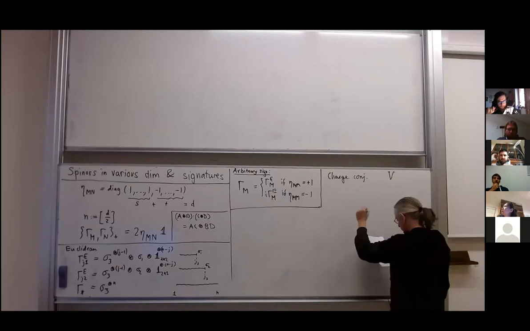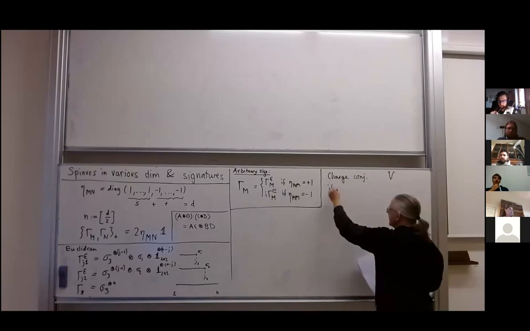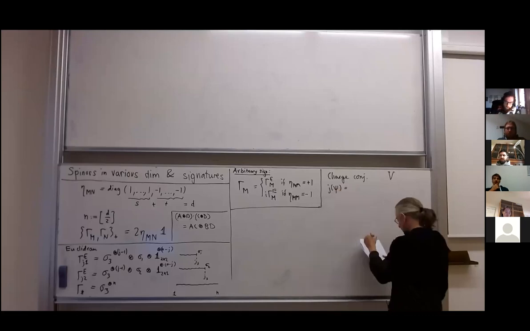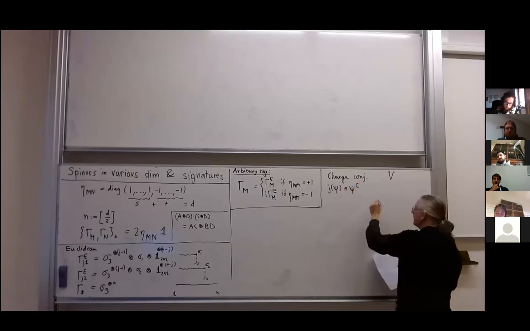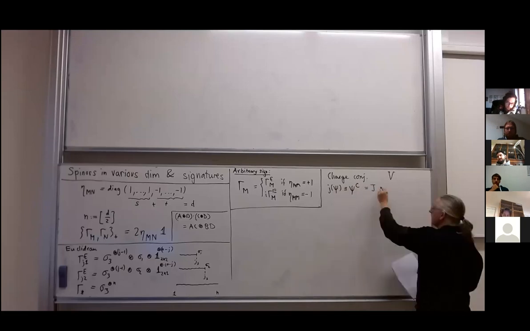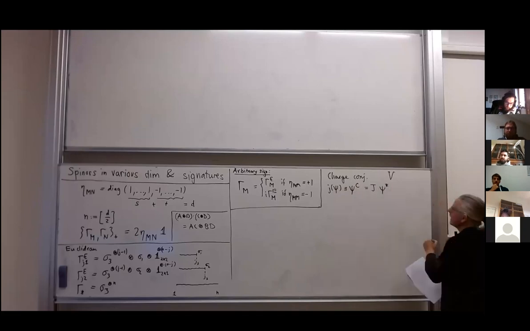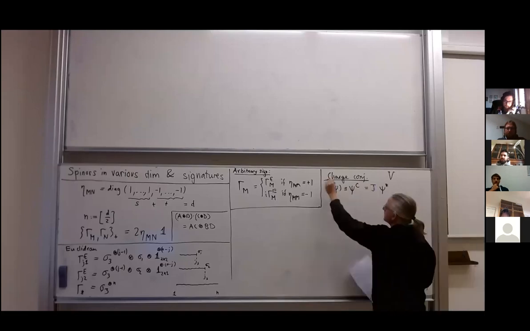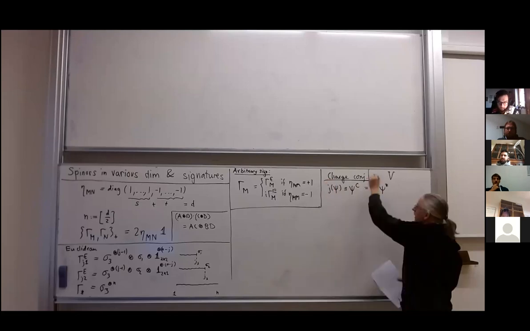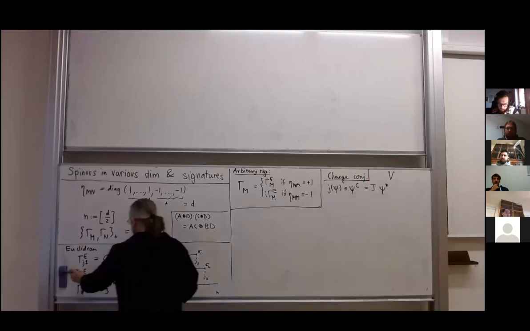I will write psi for a spinor, and then J of psi will be the charge conjugation of psi, and I will implement that through some matrix J and complex conjugation like this. And V in this case is the spinor space.